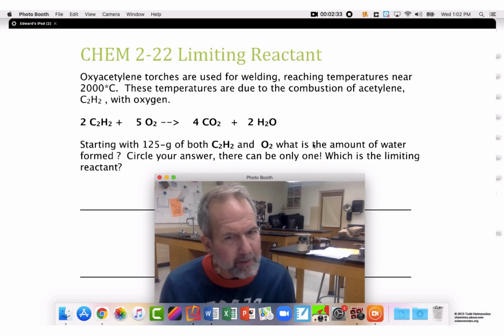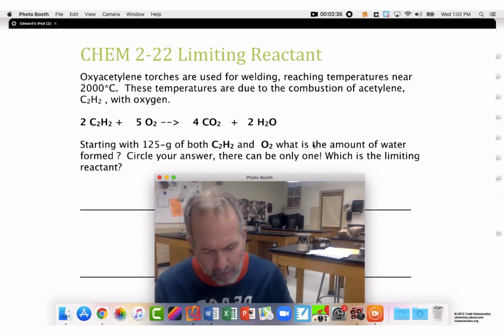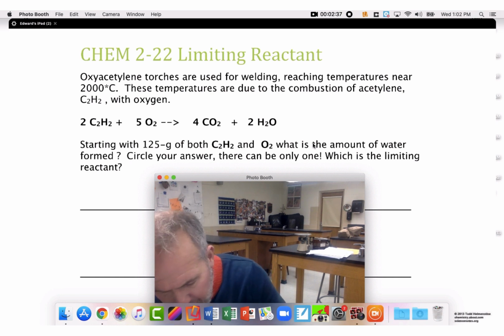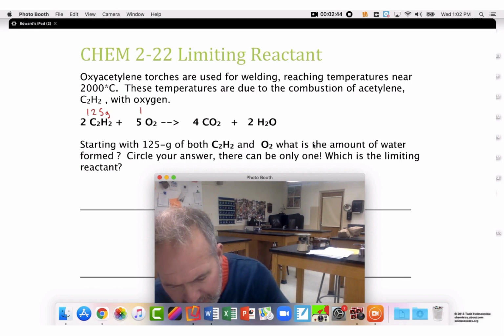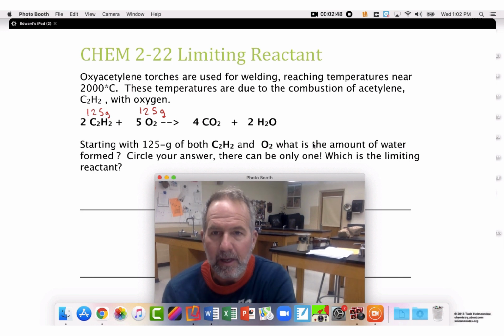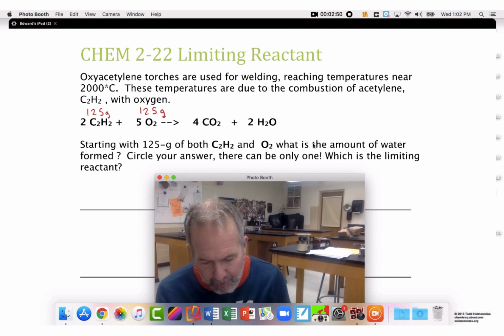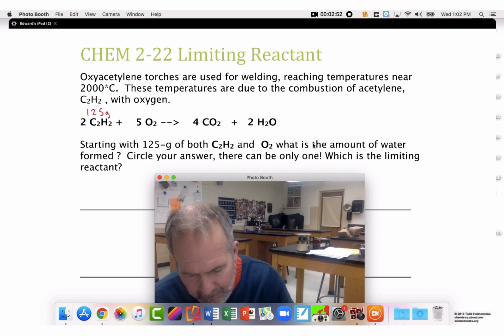Remember, I like to write my givens right on the balanced equation. So it says we have 125 grams of the acetylene. It also says we have 125 grams of the oxygen. All right? And what we're trying to find in both cases, you know what I'm going to do?